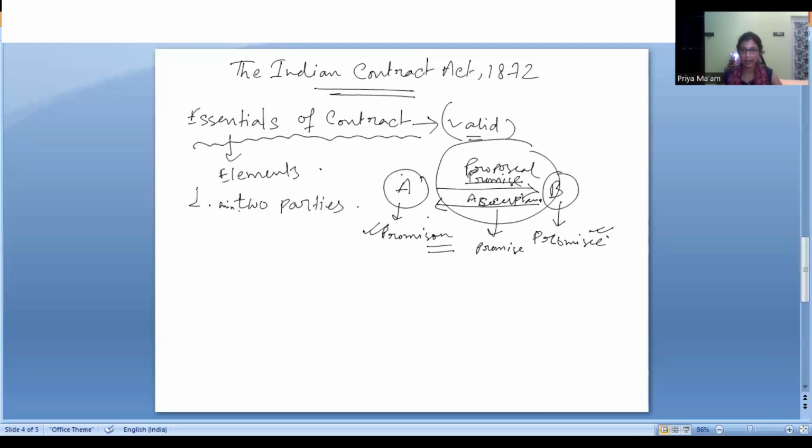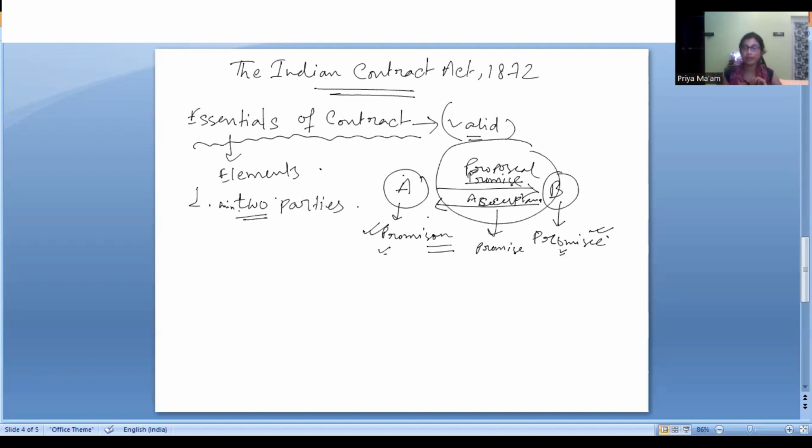This is A. A is starting to make this promise. This is the promisor, and here it is the promisee, because A is forming the promise since he is proposing something and B is accepting something. So it is the first element, that there should be minimum two parties.